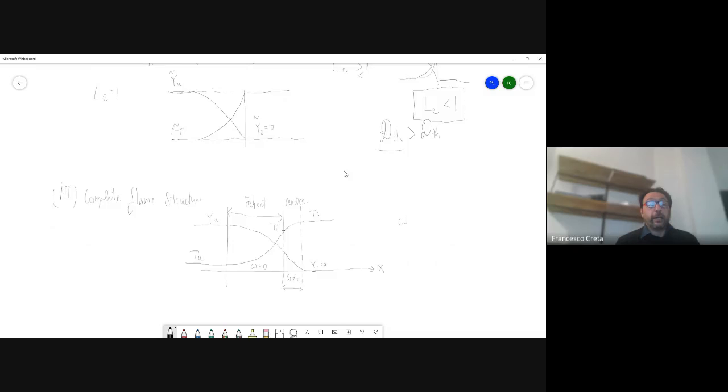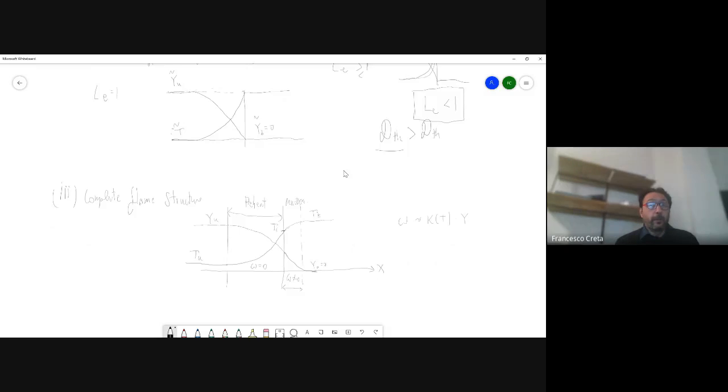Reaction is essentially a function of what? A function of temperature through the reaction constant, and then there is going to be essentially a dependence on the, how do you call it, the concentration, right?